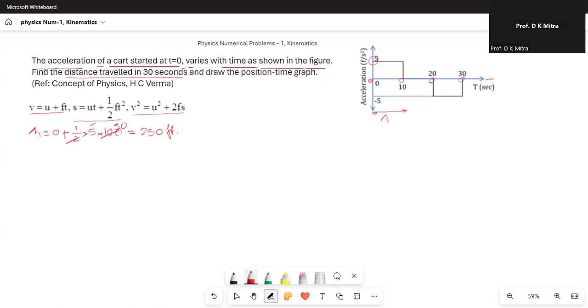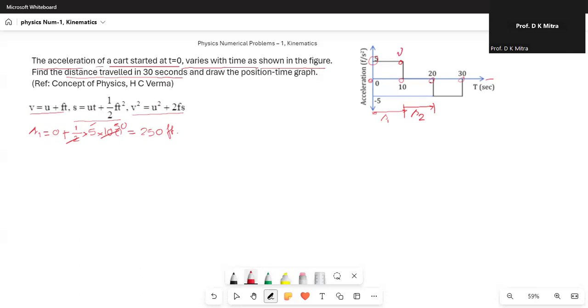Now let us consider the distance traveled in the second 10 seconds is S2. During this time, it had no acceleration, it was a fixed velocity. So if we know the velocity at this point, that means at the 10th second, then that velocity multiplied by another 10 seconds will be the distance traveled S2. So what is the velocity here?